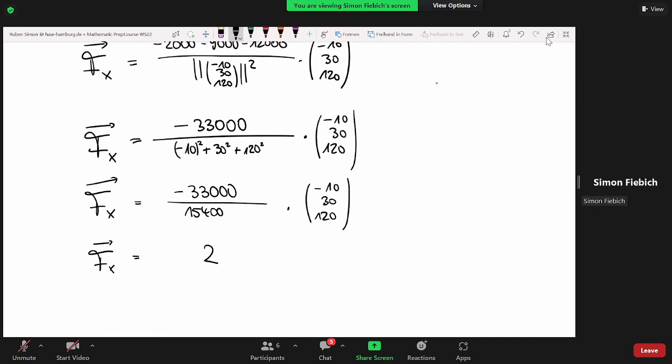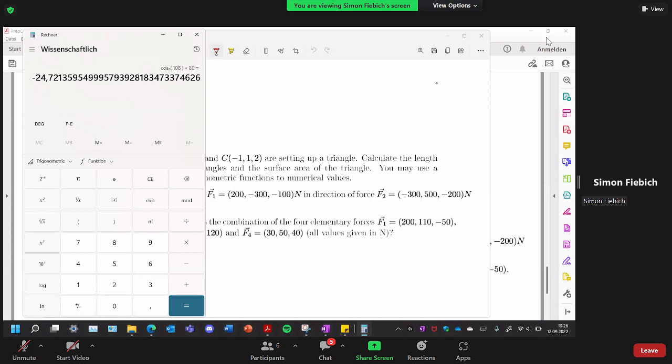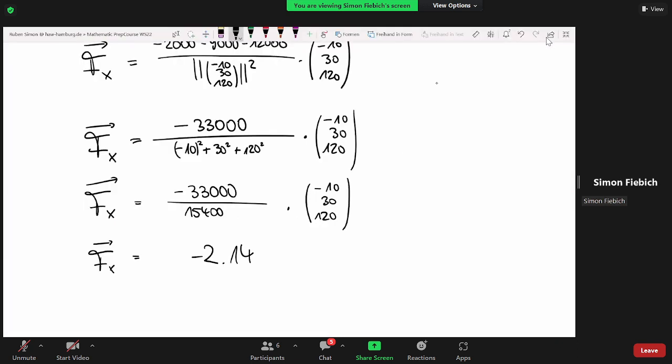Somewhere around 2 point something. I don't hear anyone. Let me do it. 2.14. Okay. So 2.14 times our vector, and you should use a calculator for it as well.